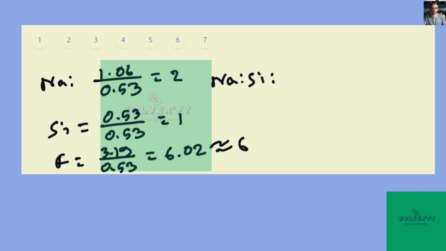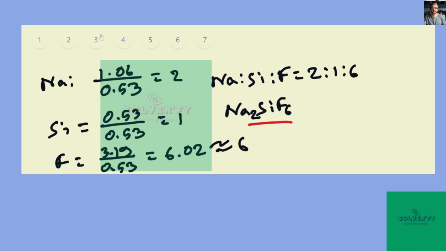Now in the third part, we are given the percentage of carbon, hydrogen, nitrogen, and we are told that the remainder is oxygen.